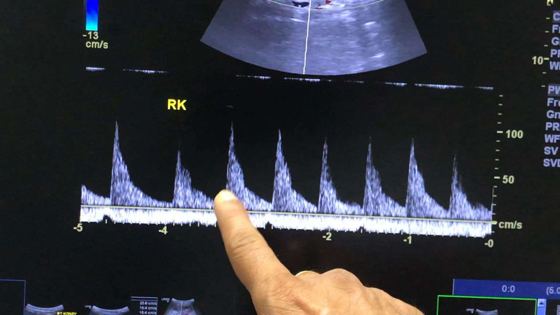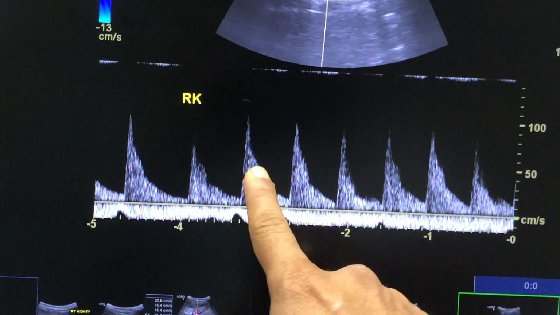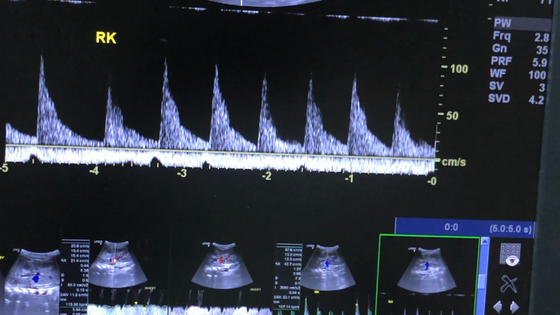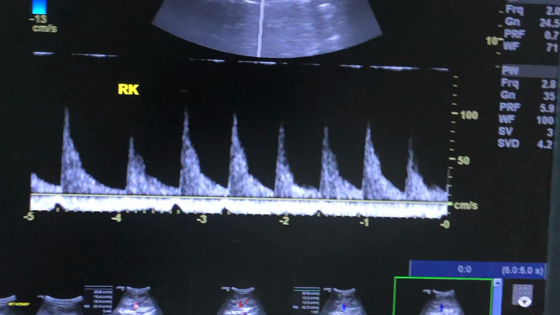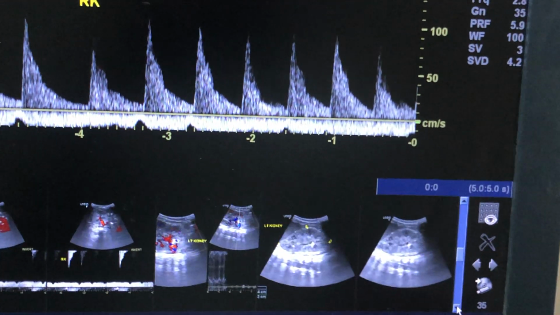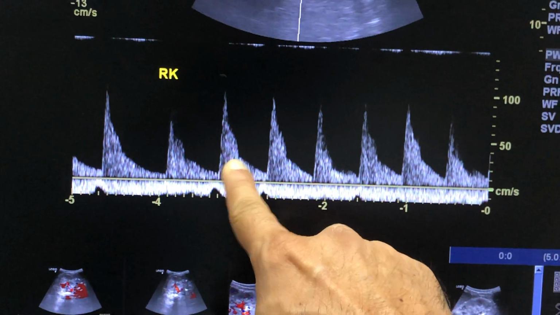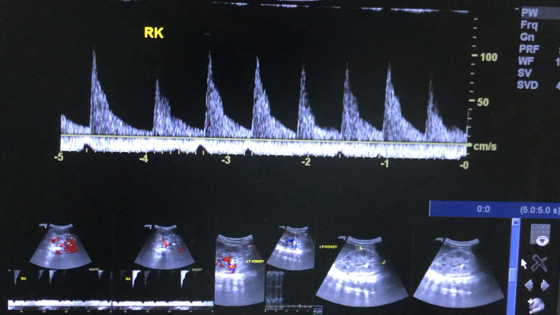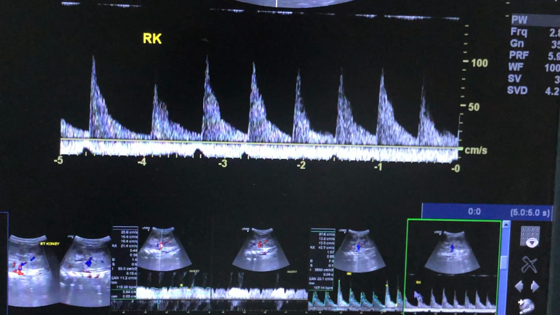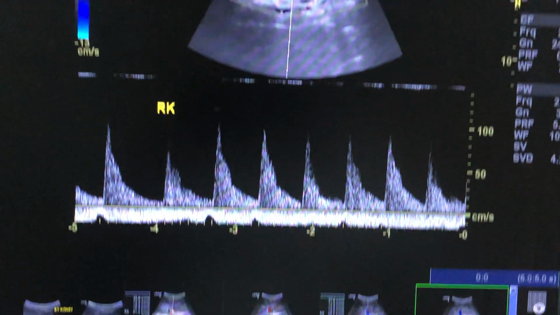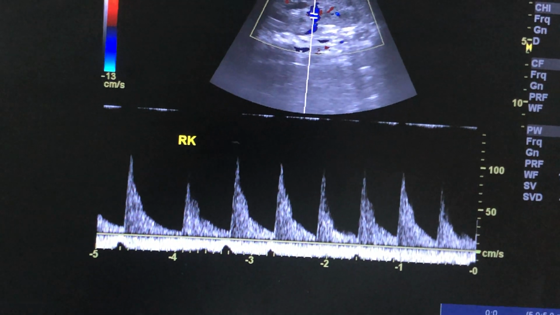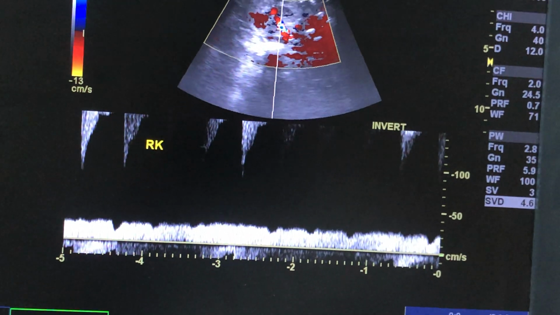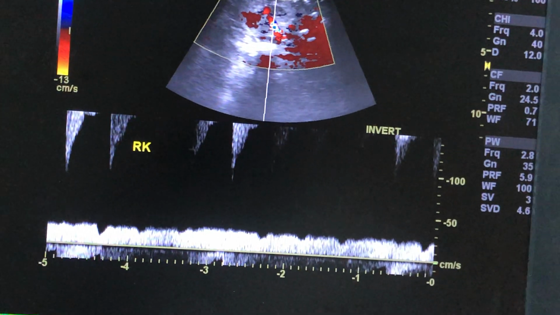Exactly I am not sure, but this is something like a parvus tardus, a slow deceleration, long and slow. This deceleration time is a little bit more. We are not supposed to come to a conclusion, but if we keep these findings on record, maybe it can be helpful in future.